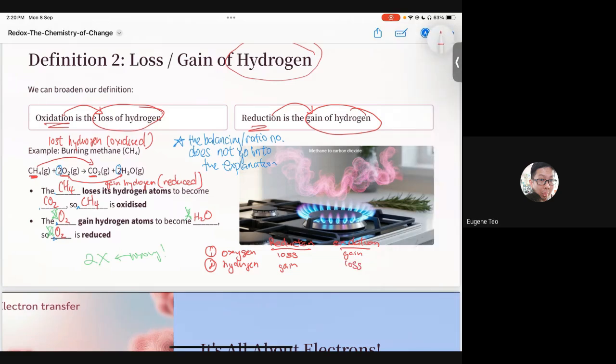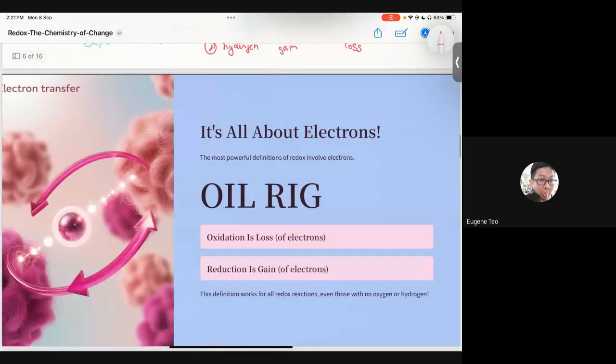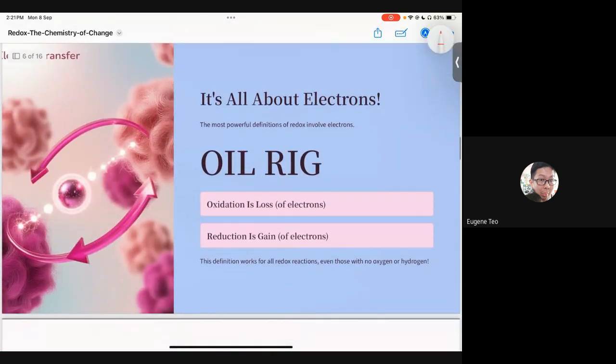Okay? You realize I keep writing this table down because this is something I want you to take note of and get into your mind. Knowing when the loss of that particular element can be considered reduction, and when it is considered oxidation. Okay, next. Now, electrons. There's a way to remember it.